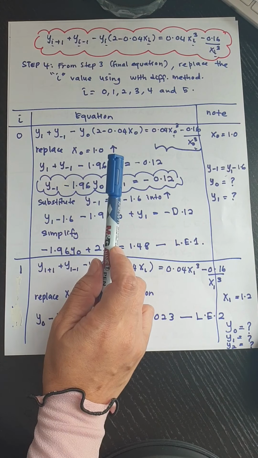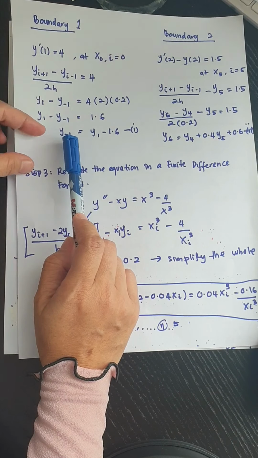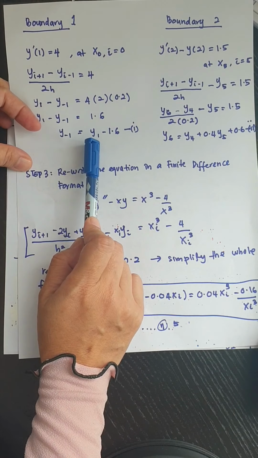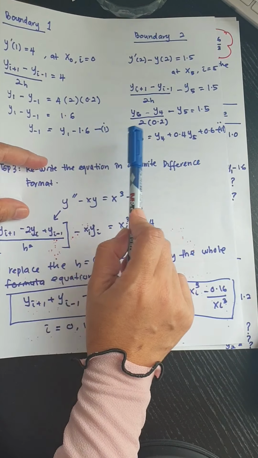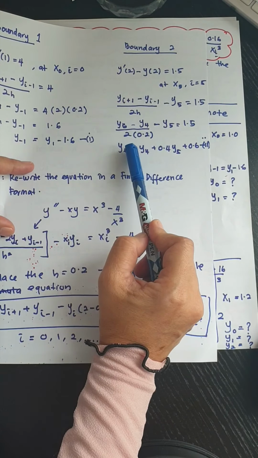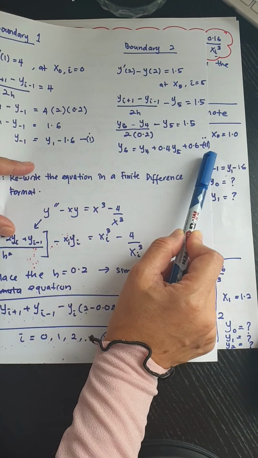Okay, so in step 2 you got the boundary condition equation as y negative 1 equal to y1 minus 1.6. This is equation number 1, and then the boundary equation at boundary 2 is the y6 equation over here, equation number 2.